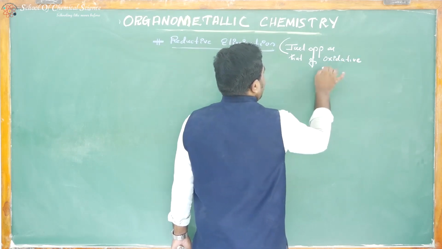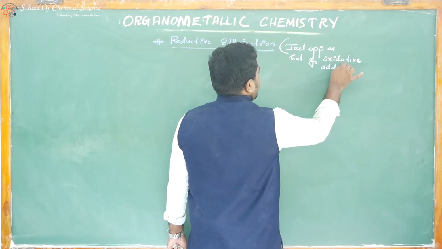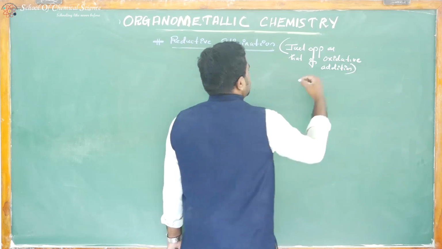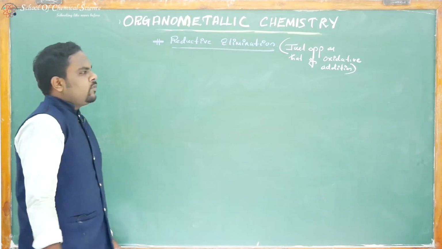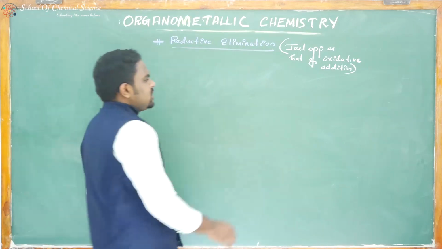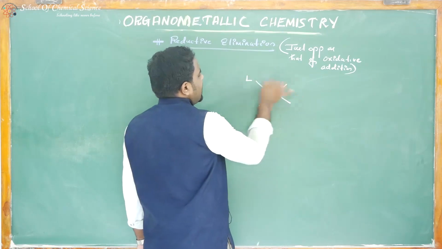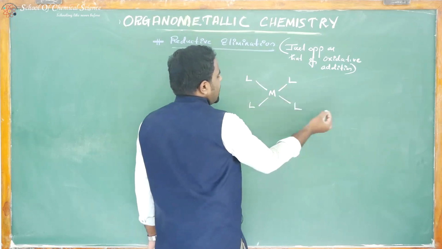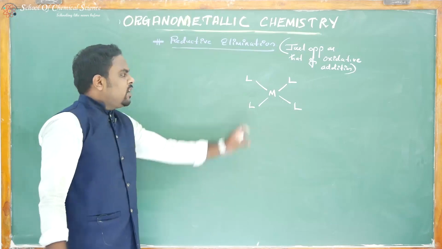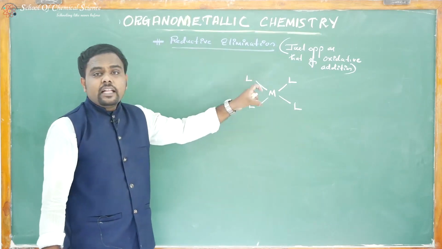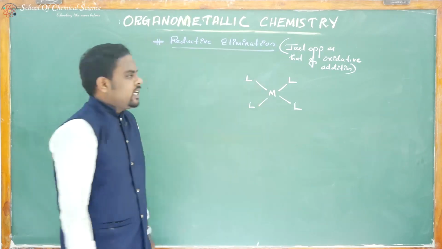You know about oxidative addition. Reductive elimination is just opposite to that of oxidative addition. What is oxidative addition? For example, a square planar complex, a coordinatively unsaturated complex, and your metal having very high pi electron density. The metal is electron rich.